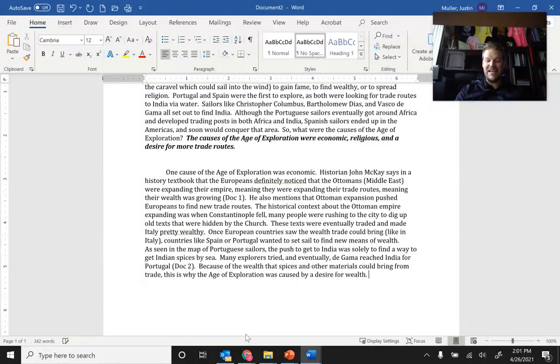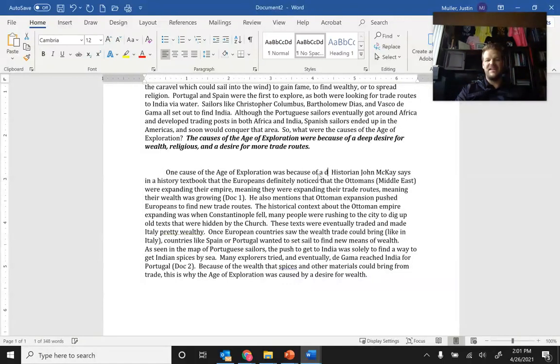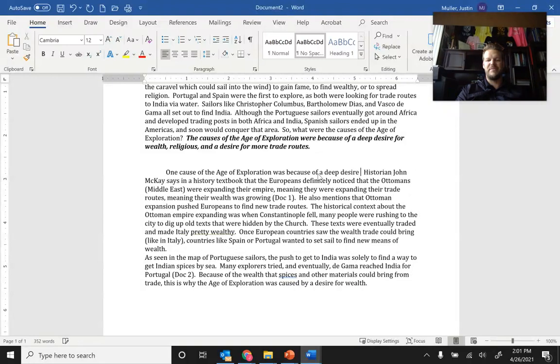Okay, why am I saying it loud? Why am I talking like this? Because I like desire for wealth better than economic. One cause of the age of exploration was because of a deep desire for wealth. Do you see how that happened?